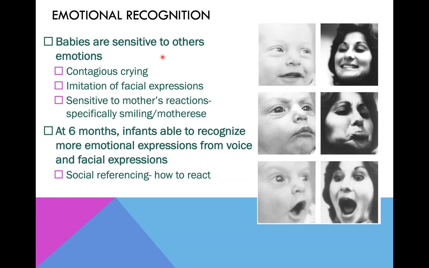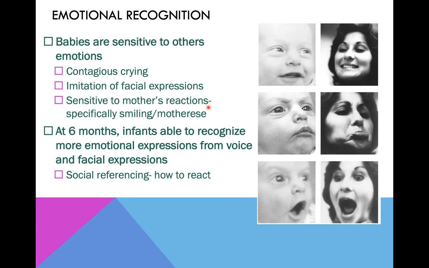And babies in general are very sensitive to emotions of other adults, children, and babies. So, for example, they contagiously cry. If they're around other babies that cry, they'll start crying, even though there's nothing wrong. They imitate facial expressions, and they're very sensitive to mother's reactions, specifically smiling. And motherese, right?